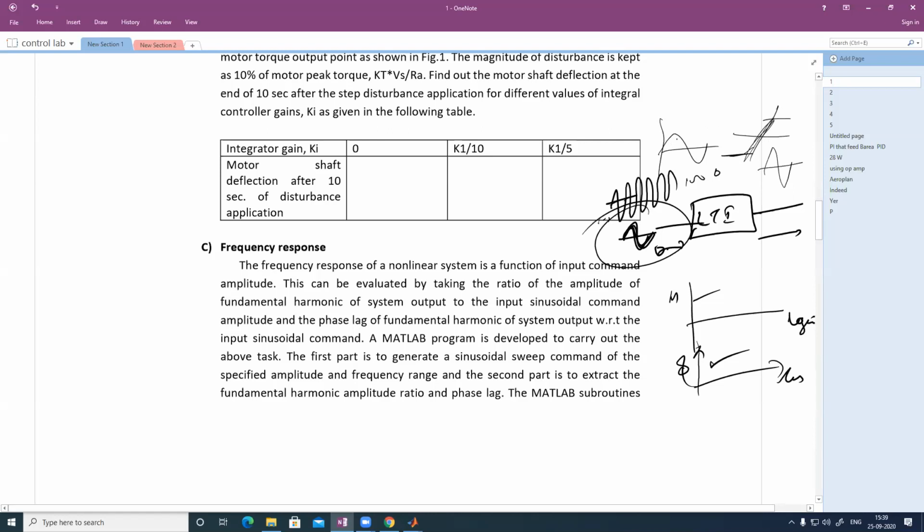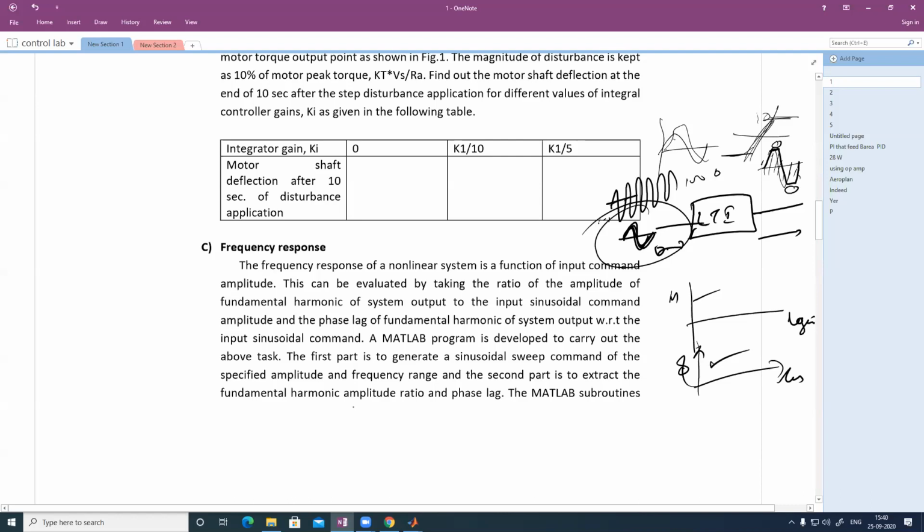So 1 volt giving 2 volt like that won't matter. But if the limit is 10 volt and you are giving 11 volt here, the wave will be like this only. So the fundamental, these parts are cut. So you have to check the output and measure this fundamental wave analysis, and then only you can plot the Bode. But now we are doing that one only.